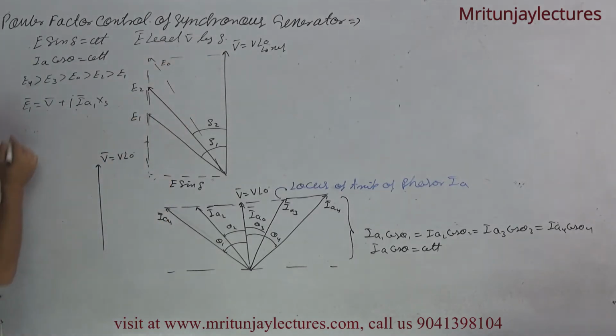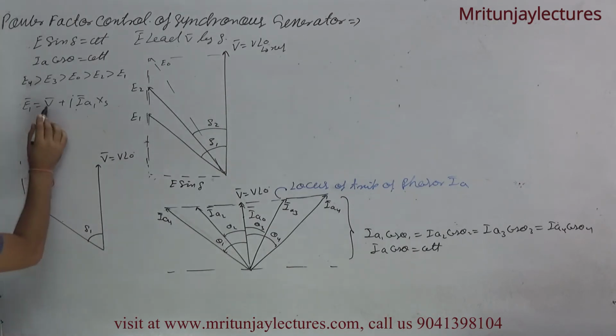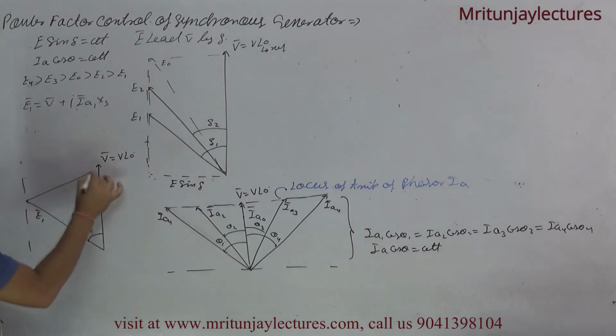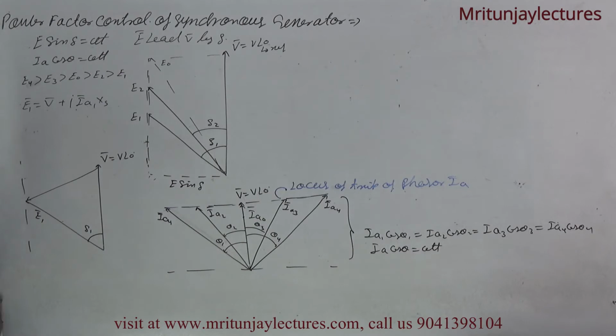Delta. So corresponding to this, if you take delta 1, that is E1. Now V plus j Ia into X, V plus means the net resultant, that is j Ia1 into Xs, the reactance.